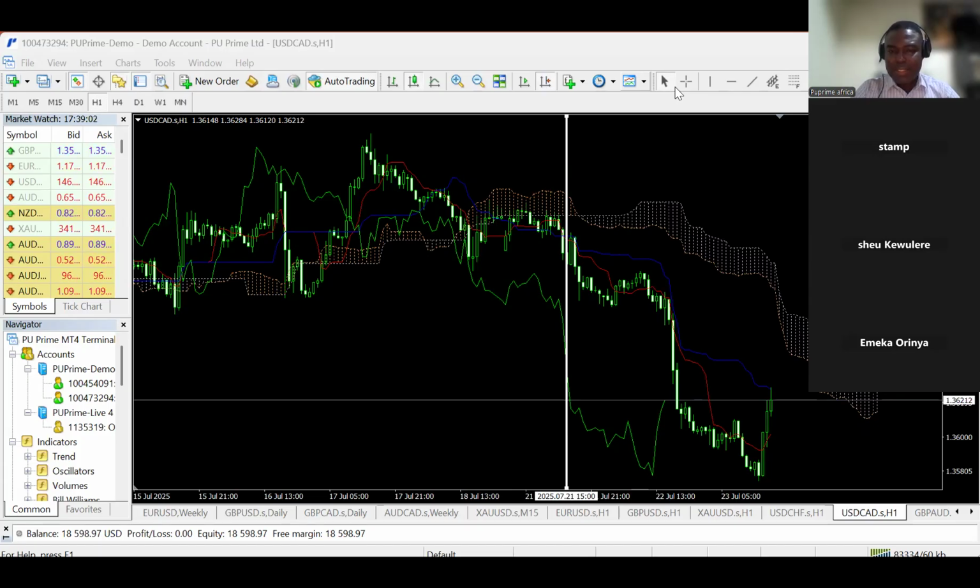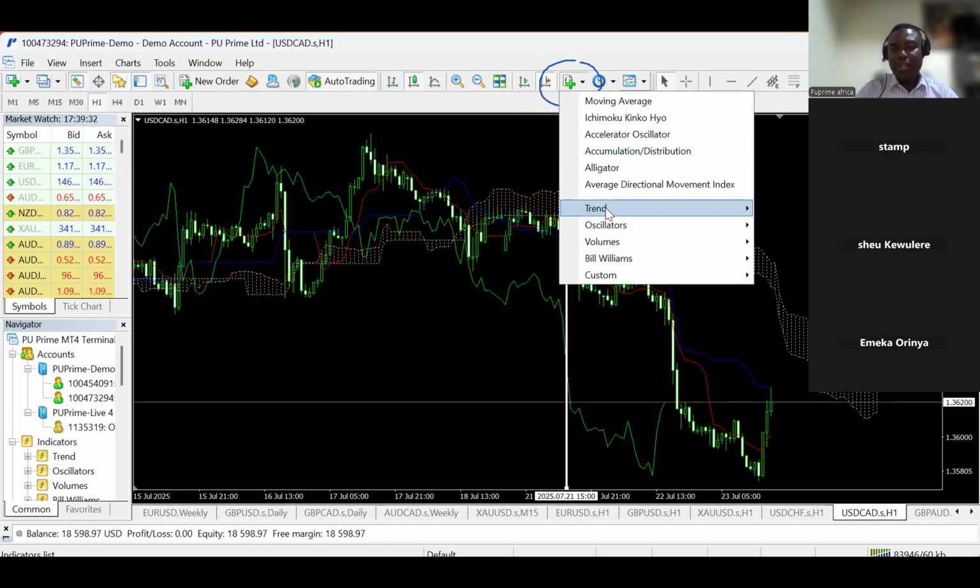All right. As Steve is asking, this indicator is already on your MetaTrader. If you joined early, I already showed you how to activate this indicator. But since you asked now, I'll show you how to access it. All you need to do is come to this indicator menu. If you can see where I will circle up there, that blue section that I circled, you click on it, you go to Trend, and on that trend, you will see Ichimoku Kinko Hyo.